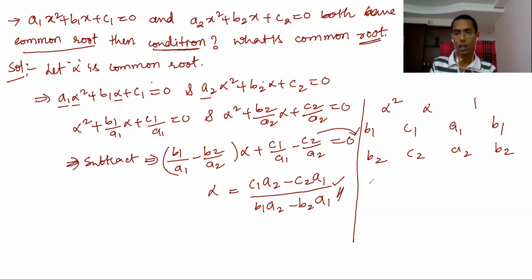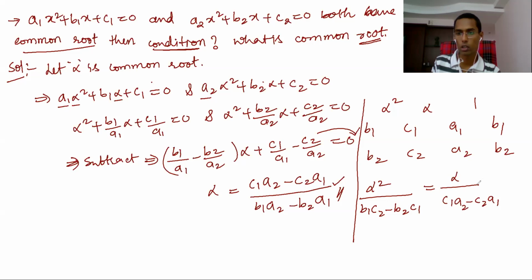So alpha square divided by what you are going to get is b1 c2 minus b2 c1. This is 1, equal to alpha by c1 a2 minus c2 a1, equal to 1 divided by a1 b2 minus a2 b1. So here you are going to get alpha square and alpha values.